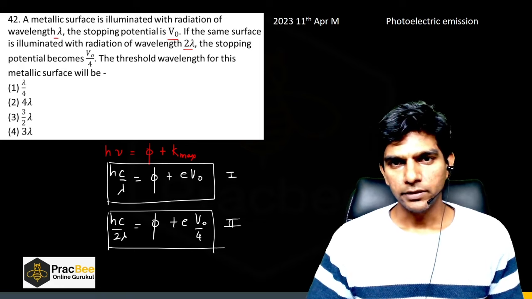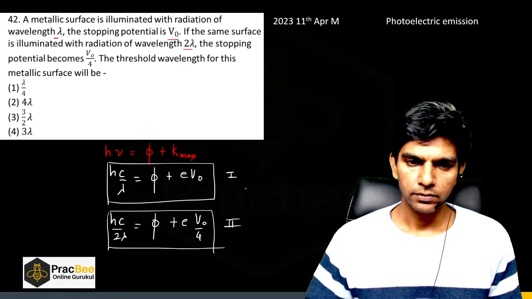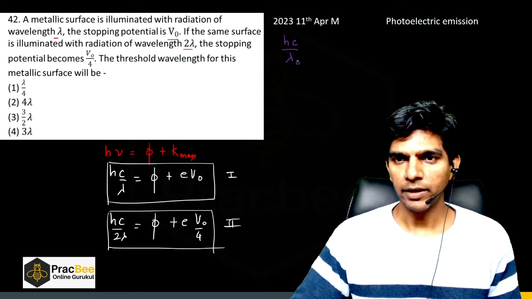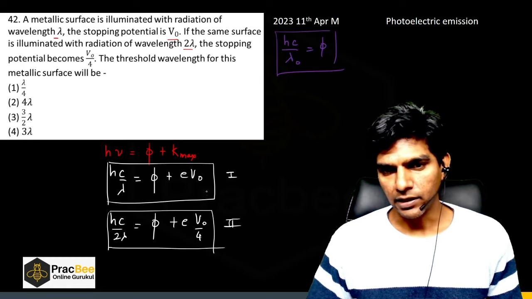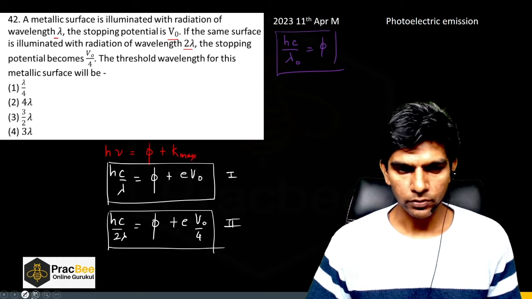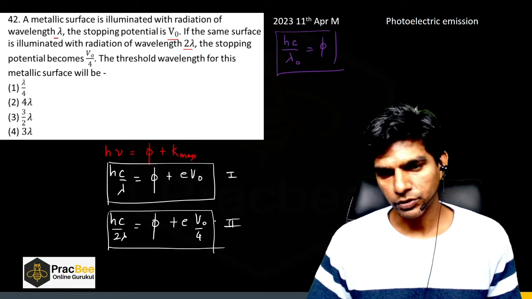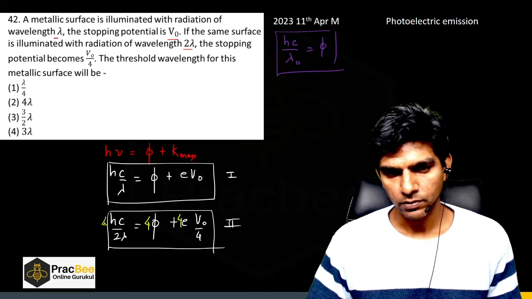We need to find the threshold wavelength for this metal. Threshold wavelength is given by hc by lambda naught, which is the work function. We can eliminate V naught by multiplying the second equation by 4, so it gets eliminated.